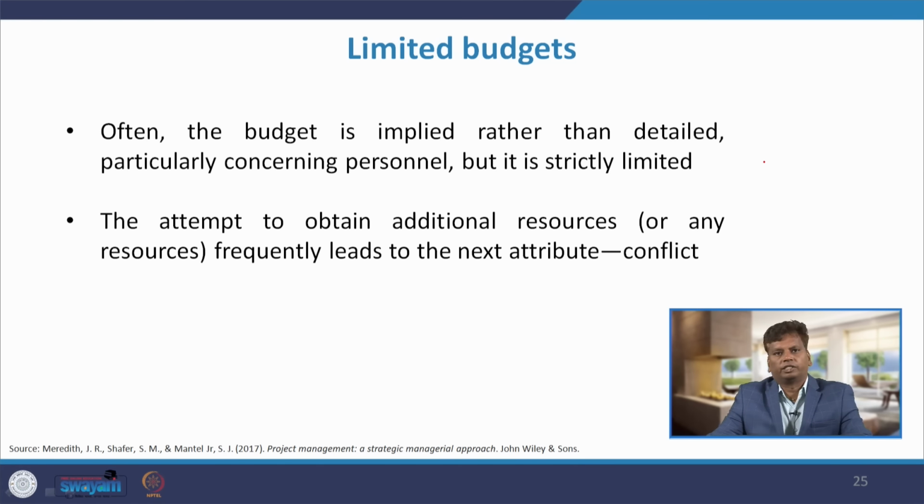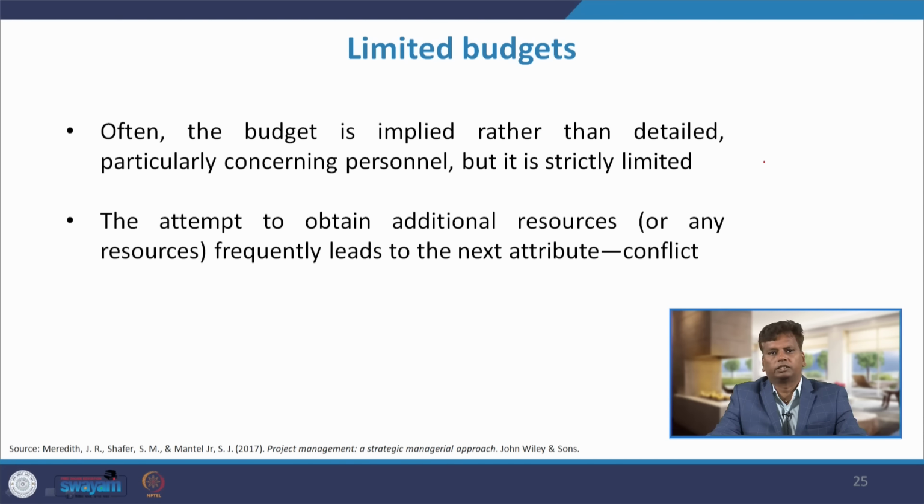Another characteristic of any project is limited budget. Often the budget is implied rather than detailed, particularly concerning the personnel, but it is strictly limited. When we give any project proposal, we may not have the exact personnel requirement, we may have a rough estimate.